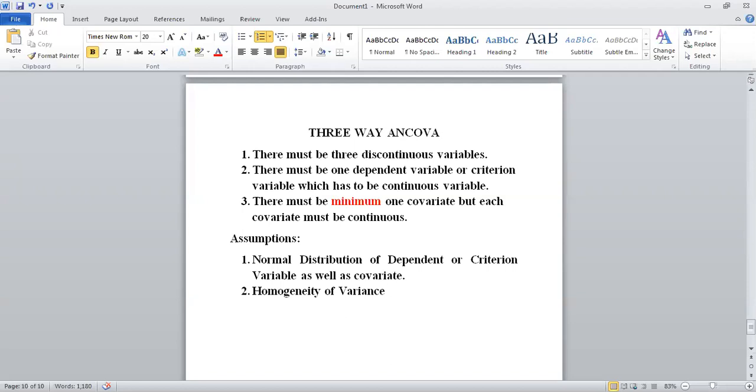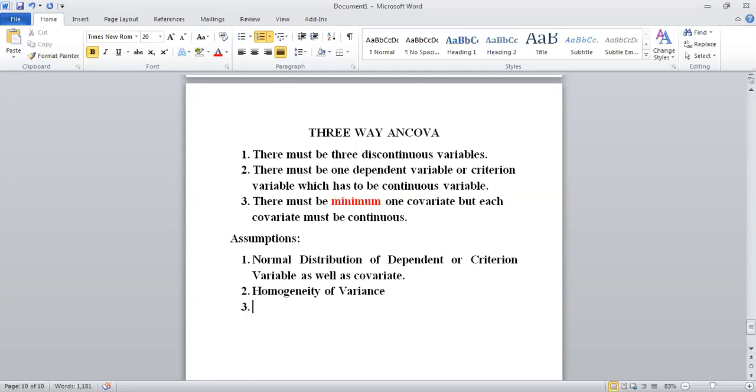So non-parametric statistics is another option available to you whenever your data fails to satisfy the assumptions of 3-way ANCOVA, 2-way ANCOVA, 1-way ANCOVA, 3-way ANOVA, 2-way ANOVA, or 1-way ANOVA, whatever it is. That is very, very important.